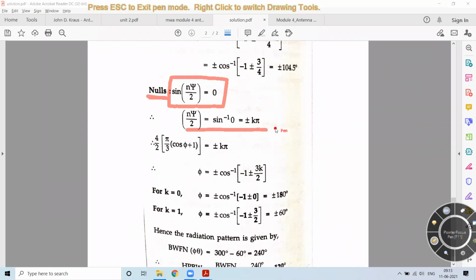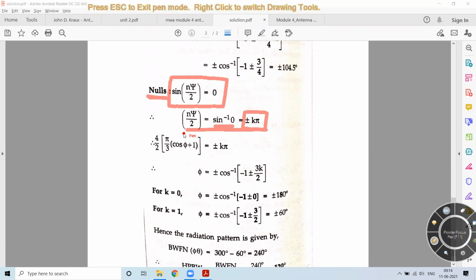In terms of radians, it is 0, pi, minus pi, plus 2 pi, minus 2 pi. So in general, we can write sine inverse of 0 is equal to plus minus k times pi, where k is equal to 0, 1, 2, and so on.